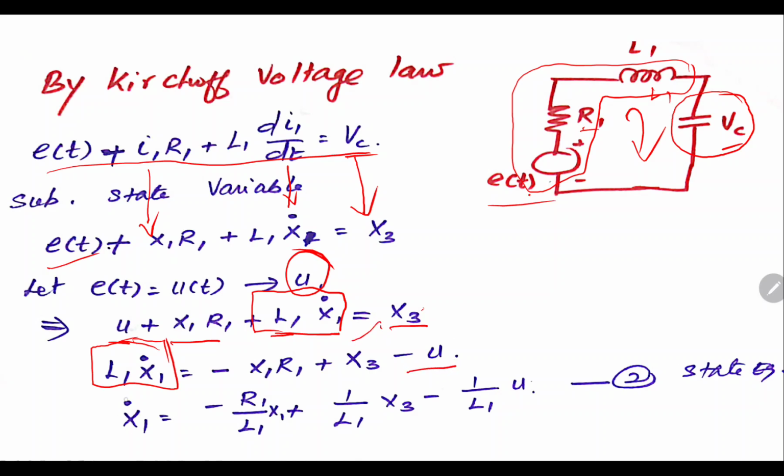Now I need only x1 dot, so I am dividing the entire equation by L1. So I get x1 dot is equal to minus R1 by L1 x1 plus 1 by L1 x3 minus 1 by L1 into u. This is the second equation, which is related to the first loop.